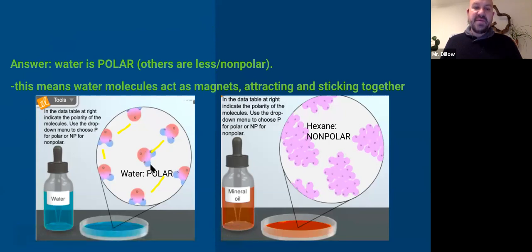Hydrogen tends to have this sort of blue color that we use in the diagram to show that it has a partial positive charge. And the oxygen, on the other hand, tends to have this negative charge. So that creates a magnet situation where a positive side is attracted to a negative side.